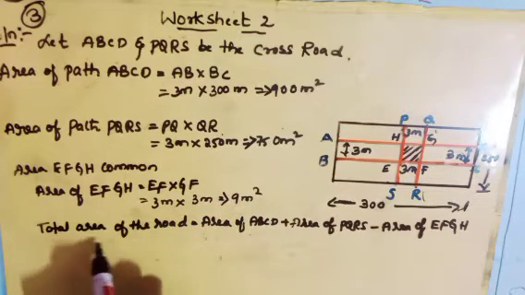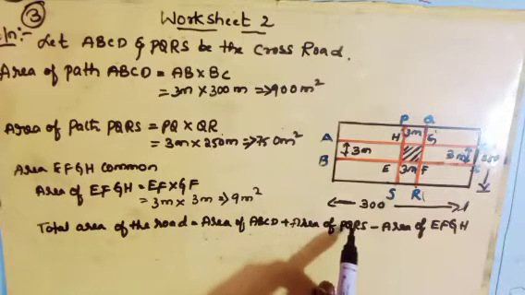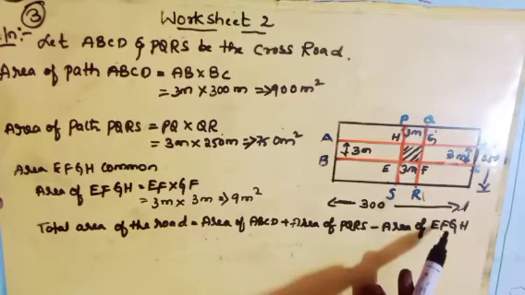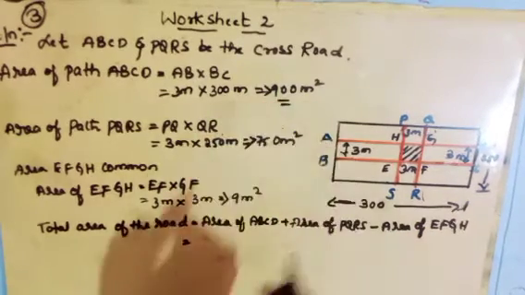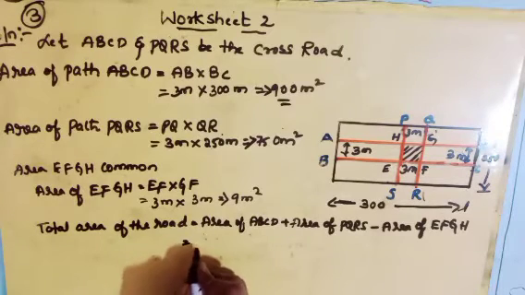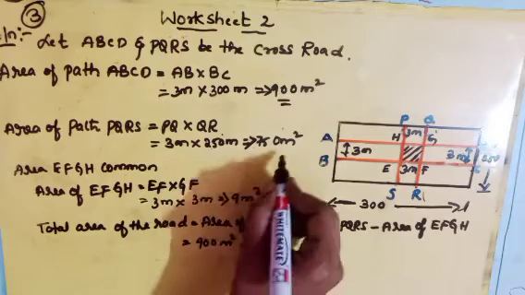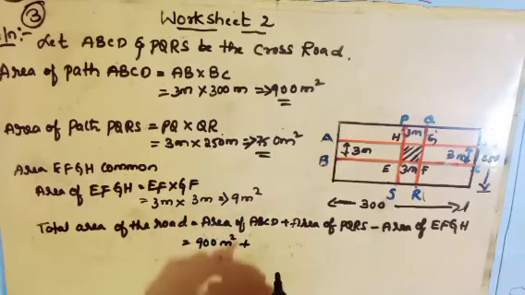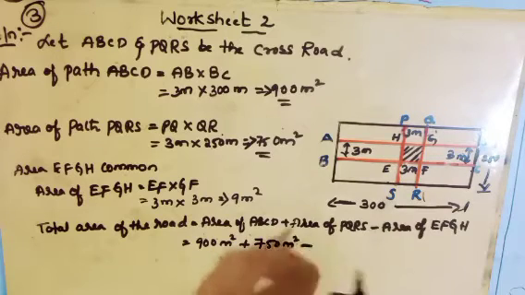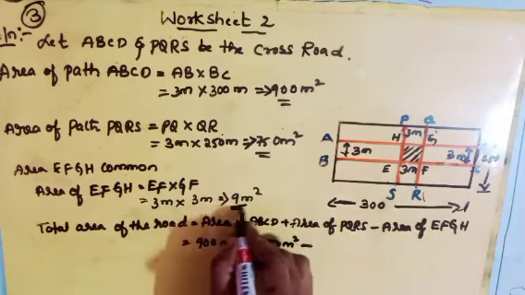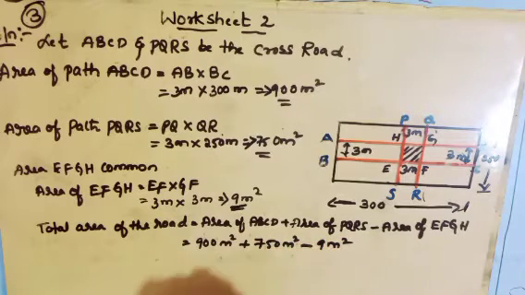Therefore total area of the road equals area of ABCD plus area of PQRS minus area of EFGH. So area of ABCD is 900 meter square plus PQRS is 750 meter square, minus EFGH is 9 meter square. This is common to both the paths.